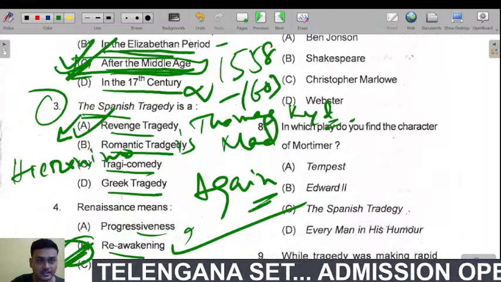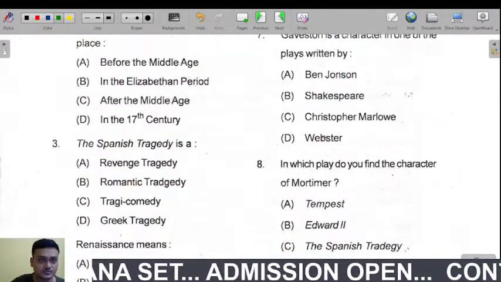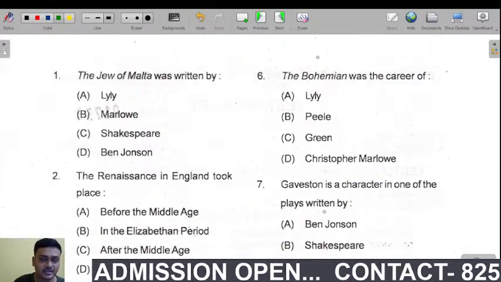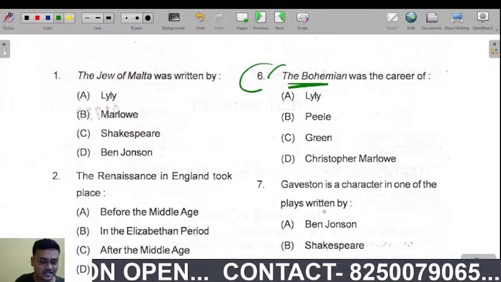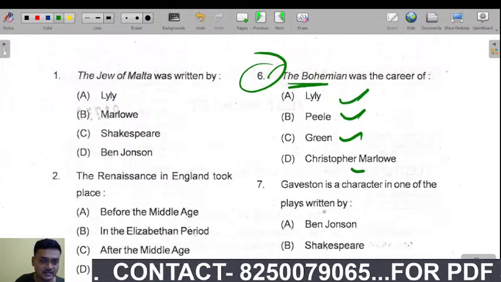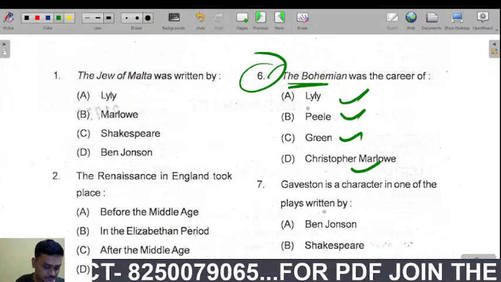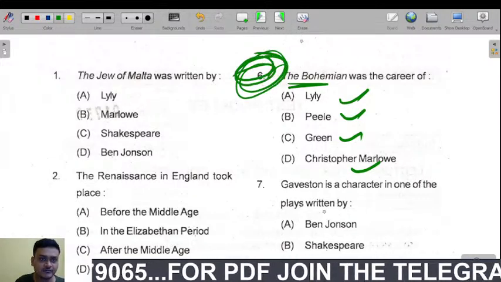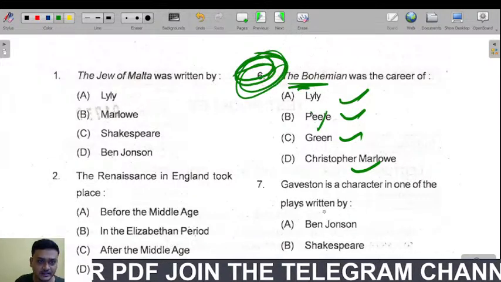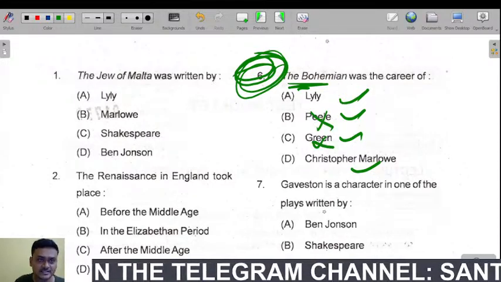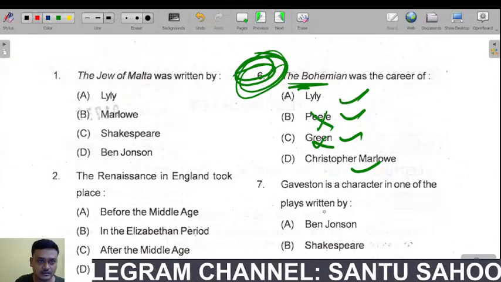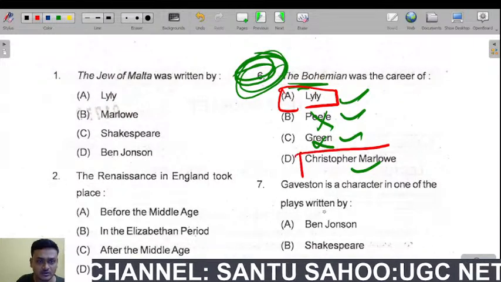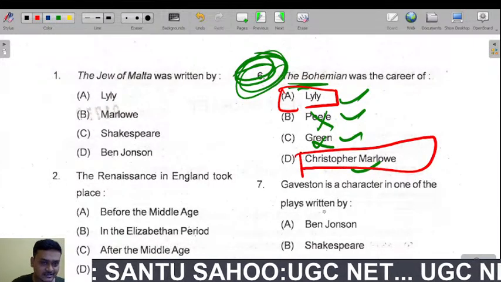Here is question number 6. The Bohemian was the career of whom: Lily, Peel, Greene, or Christopher Marlowe? It's not Peel, and it's not Greene. We have two options left, Lily and Marlowe.